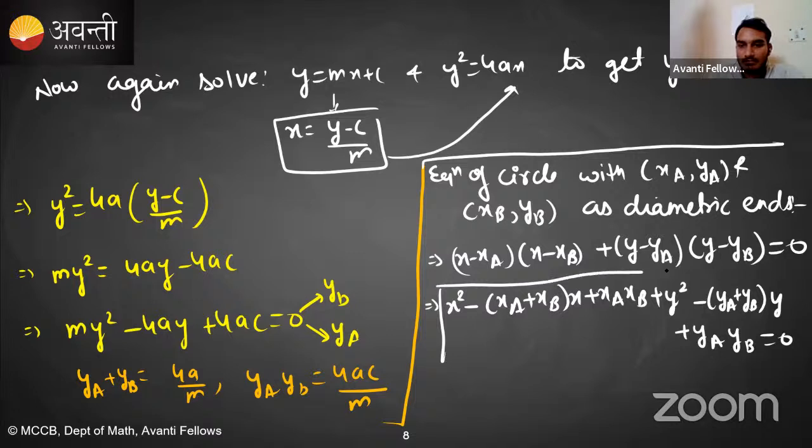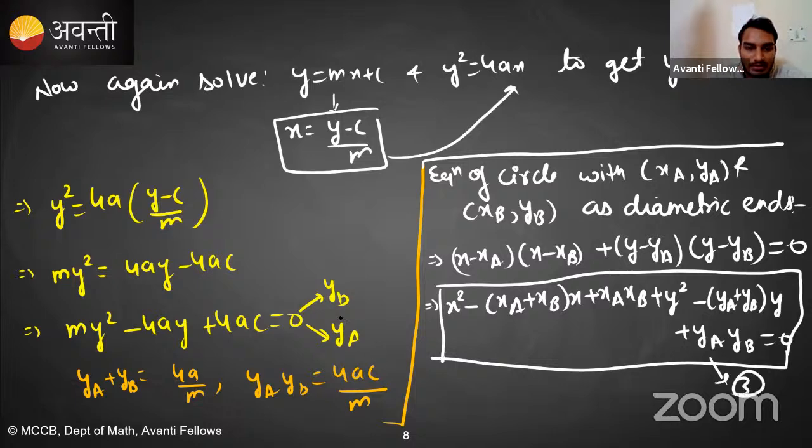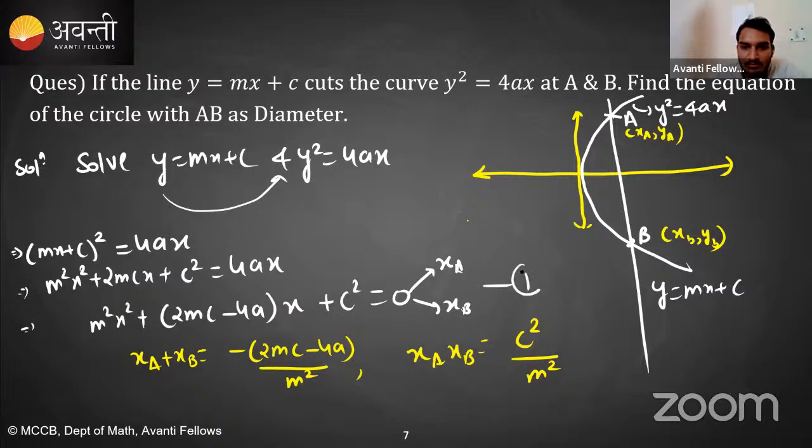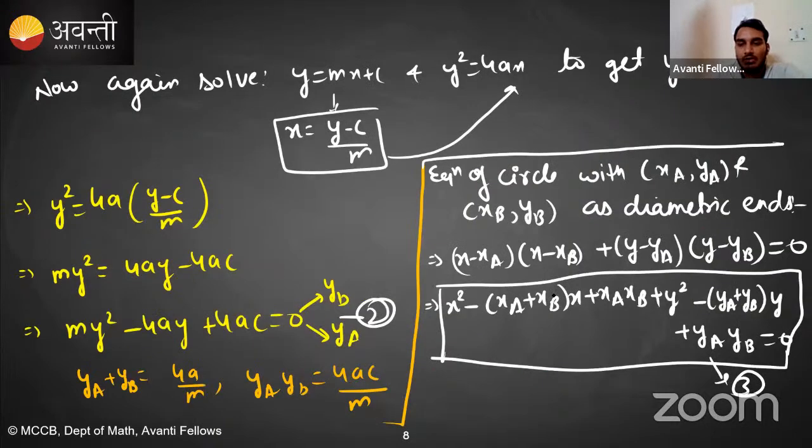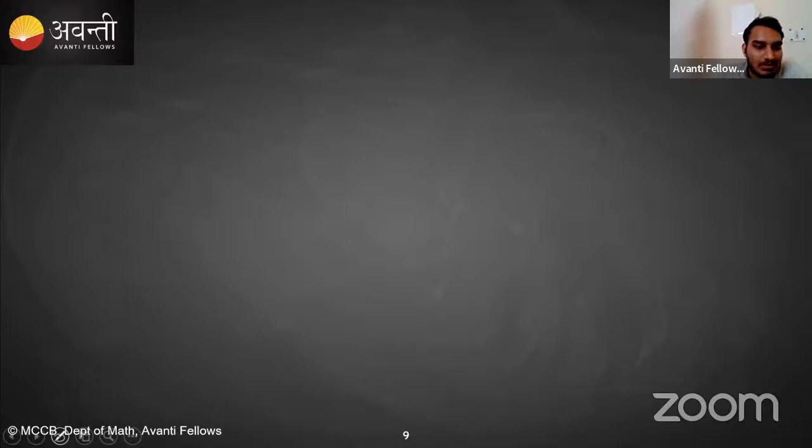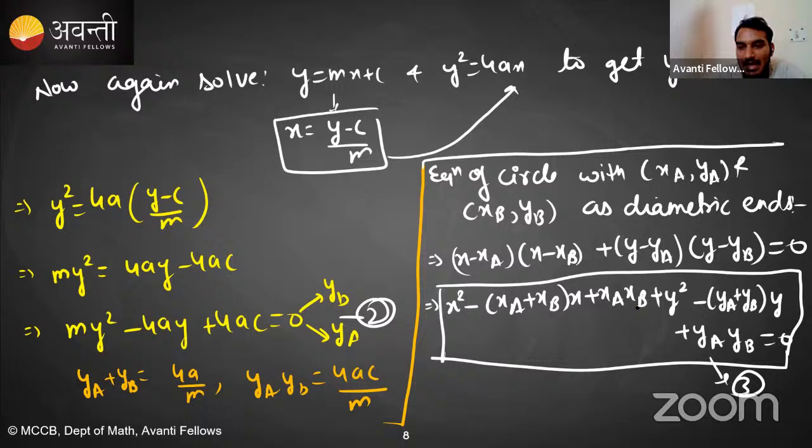Clear? Is this clear so far? Right? So let's call this equation 3. This is equation 2. And this is equation 1. Okay. So now substitute these values: xa plus xb, xa xb, ya plus yb, ya yb.